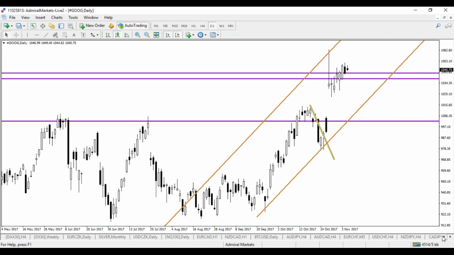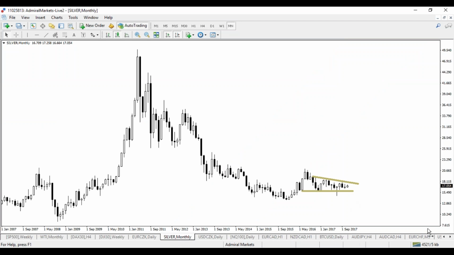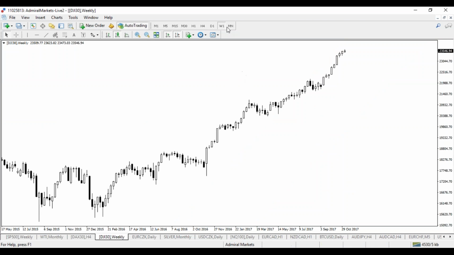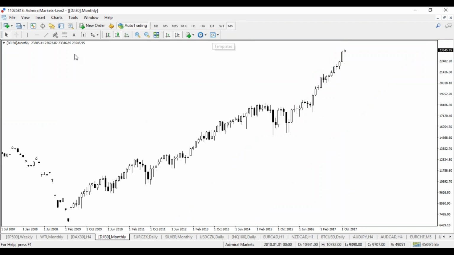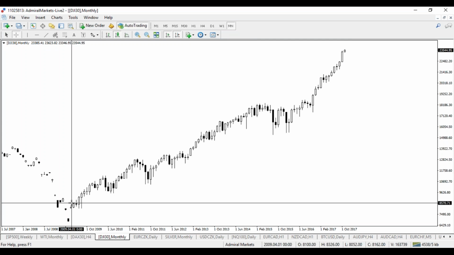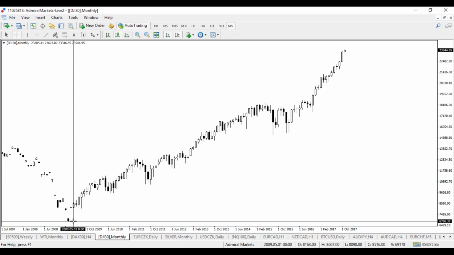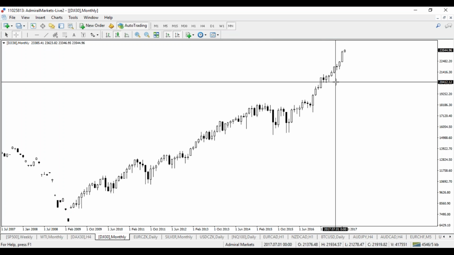Let's take a look at gold as well and silver. Silver is in a triangle, still nothing happened there. Dow Jones, same story as the Nasdaq, all the way down here at I think 6,000 or something like that, and now at close to 24,000.